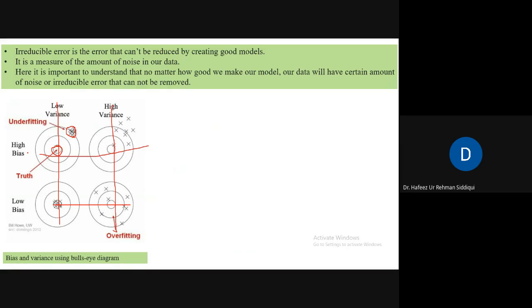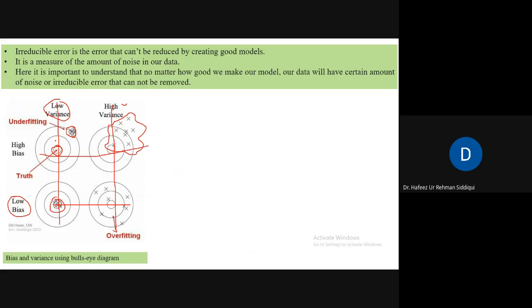If you keep high bias while increasing the variances, your data will be spread around, but not on the true values. If your model has low bias and low variances, you will have right predictions.